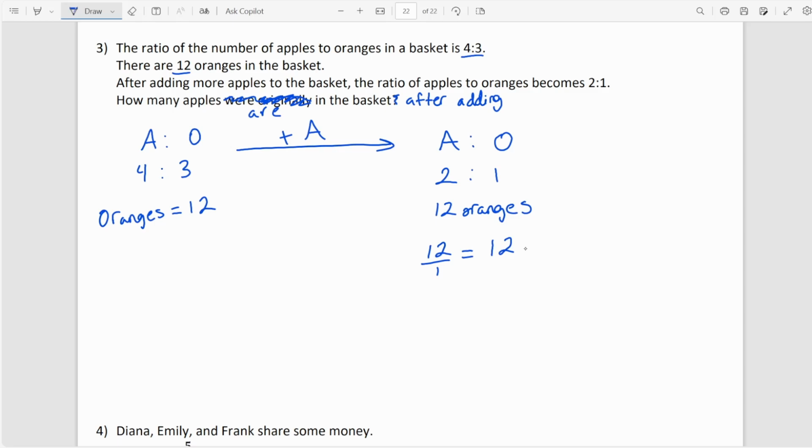So each part represents 12. So now the amount of apples will be 2 times 12. This gives us 24 apples. Okay, so this is the amount of apples after I added.